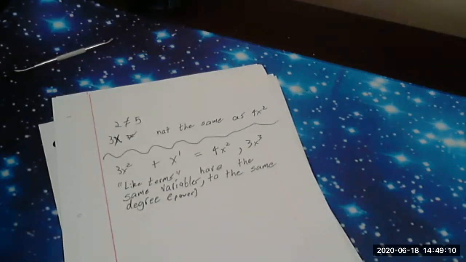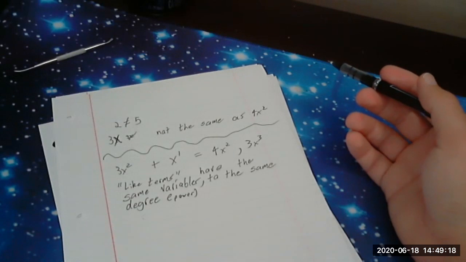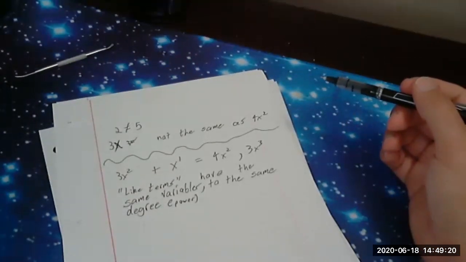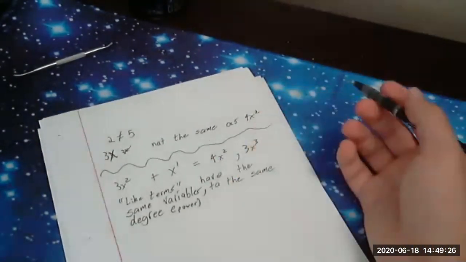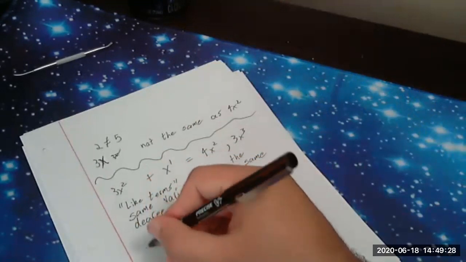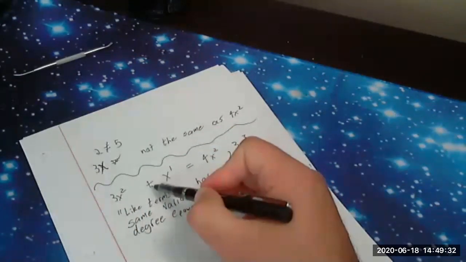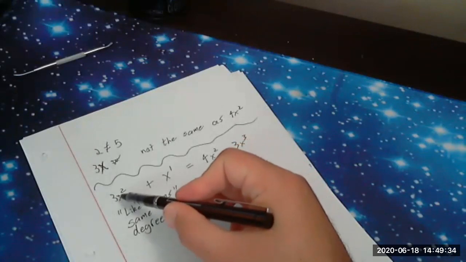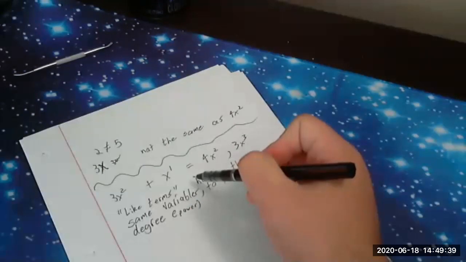And so these are the adding rules for exponentials. We talked about this on Tuesday. When you have two things, you can only add them together if they have perfectly like terms.